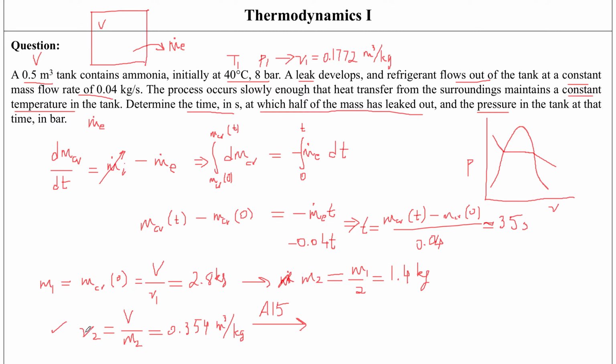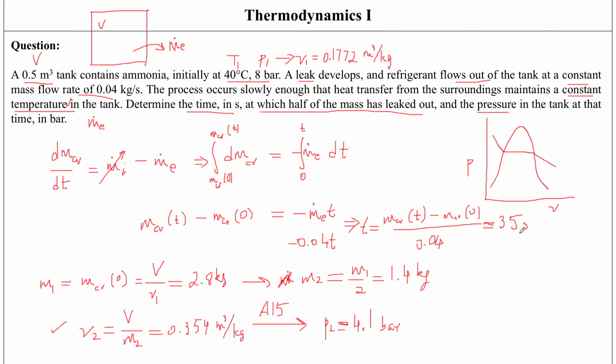You've got the specific volume at 2, and you've got the temperature at 2. Okay, so using those two, you're going to interpolate in the table and find out the pressure at state 2. Okay, and that's going to be somewhere around 4.1 bar.